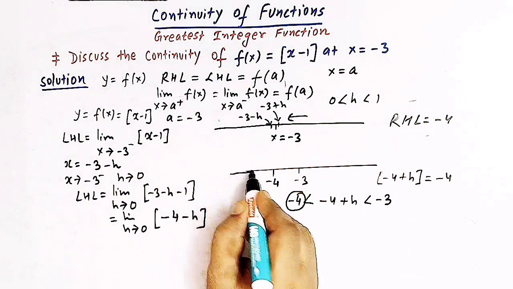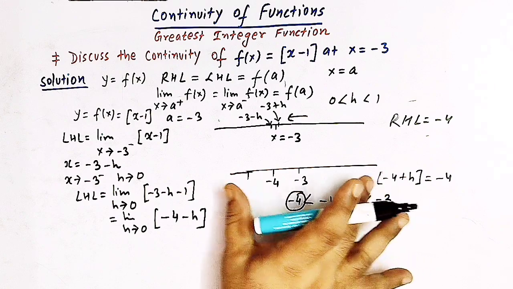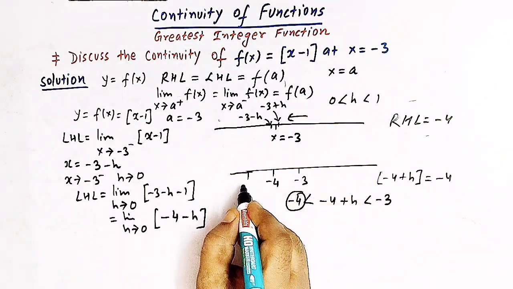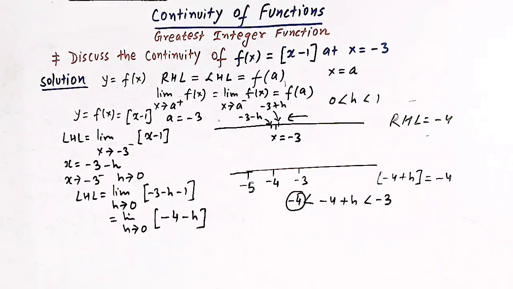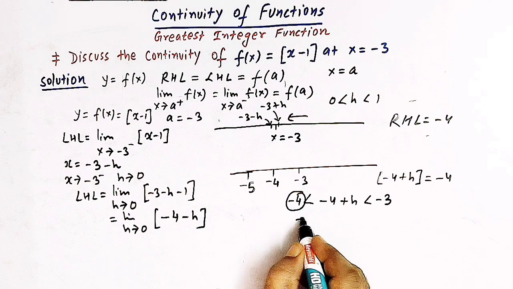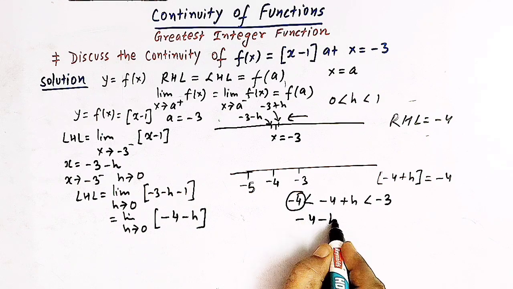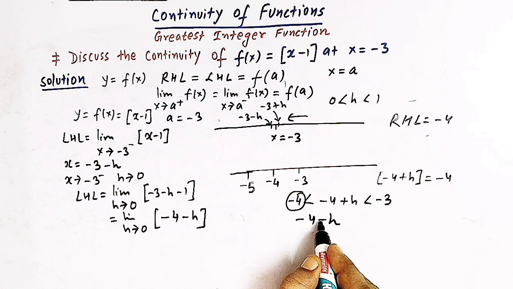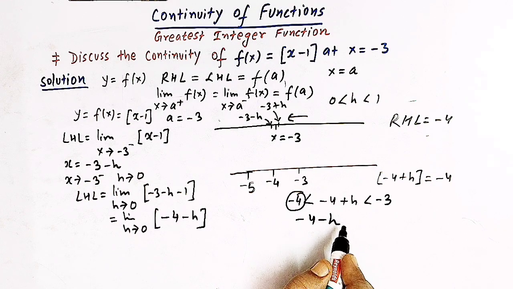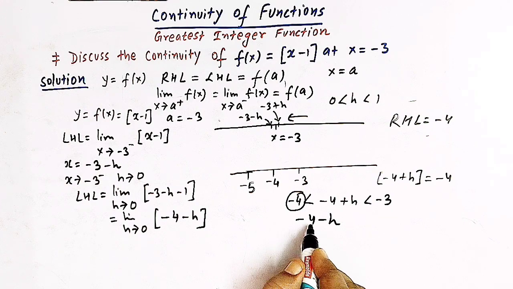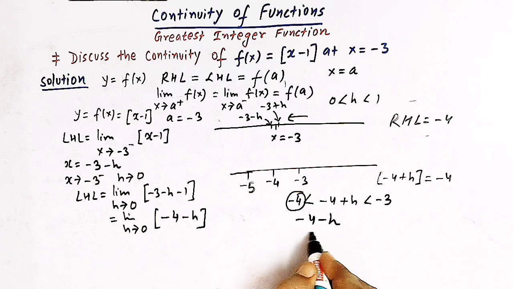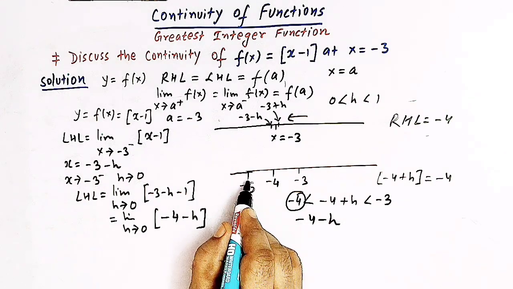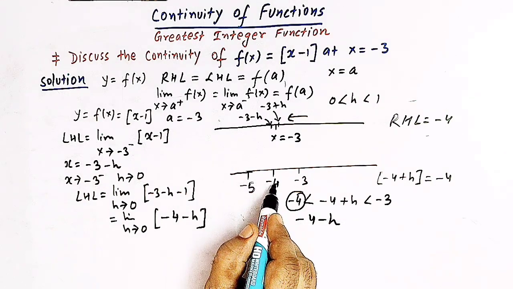Okay. So now again let us consider this real number line, and here we have minus 5. Now see, we have minus 4 minus h, and h is a positive quantity and minus h is a negative quantity. So when we add minus h to minus 4, this quantity lies between minus 5 and minus 4.